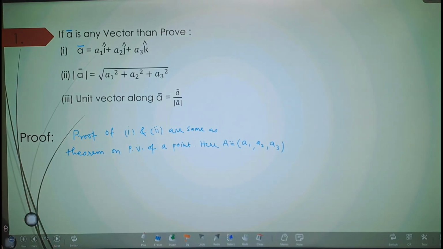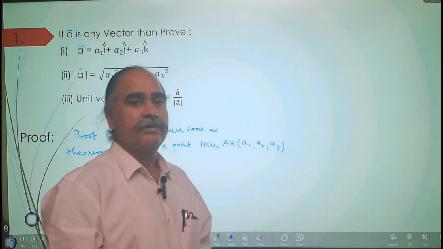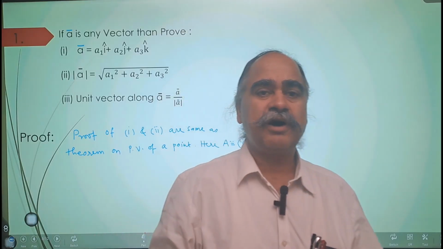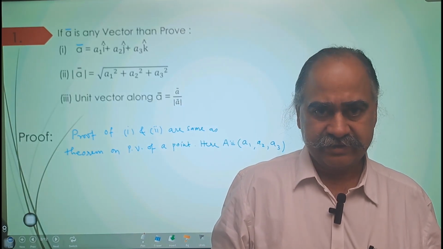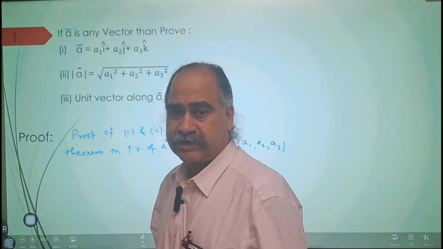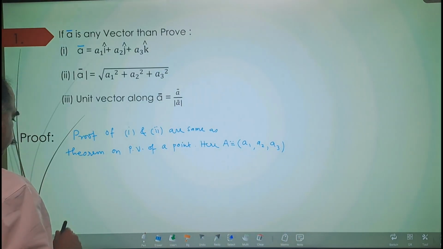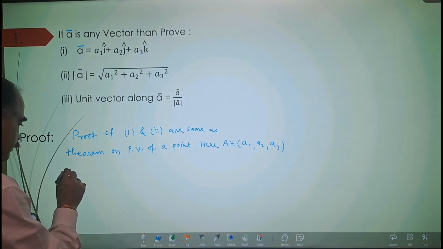Now we'll prove third one. And this also we know, vector upon its magnitude is what? Unit vector. But let us prove it theoretically. So number 3.